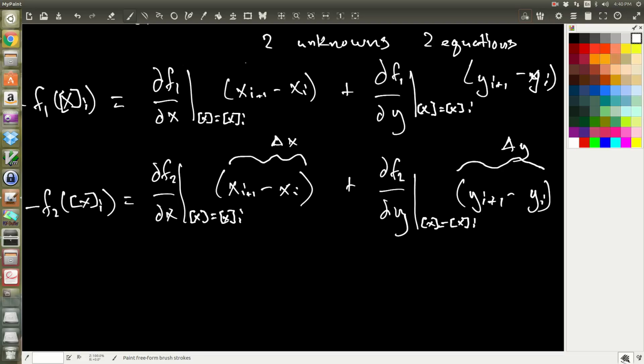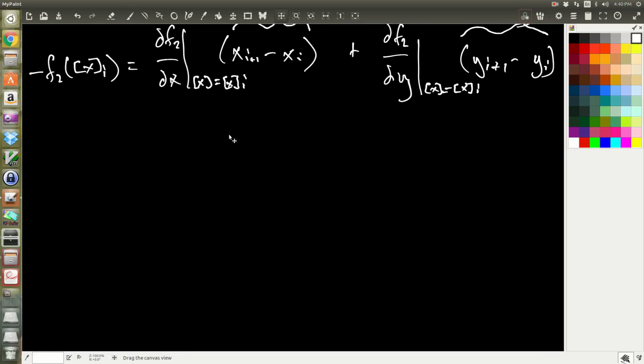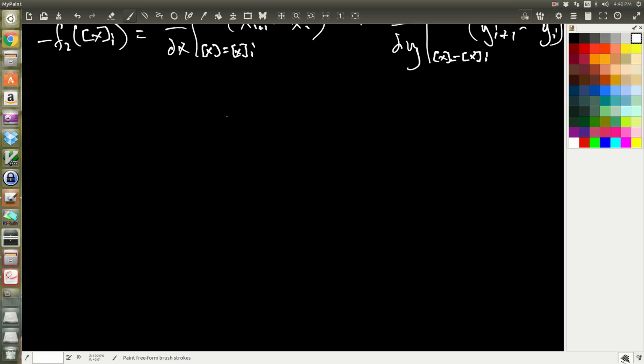So our unknowns are the xi plus 1 and the yi plus 1, and everything else is known. This derivative evaluated at xi is known, and our yi and xi are just going to be some initial guess. Okay? So I can rewrite this in matrix form. When I do that, I get the following equations.